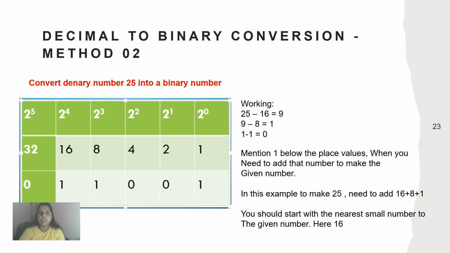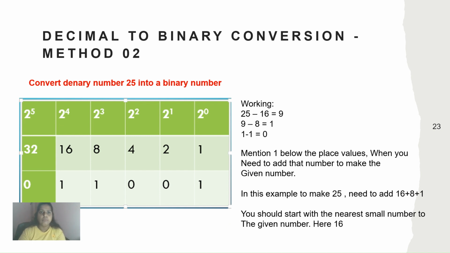There is another method to convert a decimal number to binary using the place value method. In that method, here we have to convert number 25 into binary. What you can do is write the place values, or the powers of 2, up to 25.